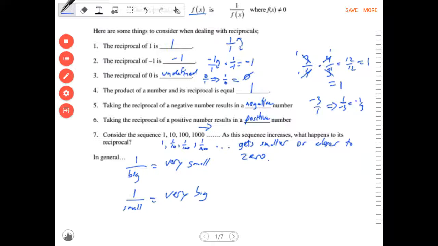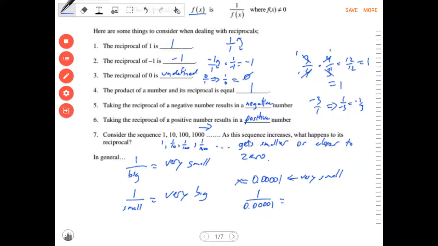Now, we didn't really do an example of the 1 divided by small, so let's say x is 0.00001. Let's just say. I think we can agree that this is very small. So if I go 1 divided by that, 0.00001, 4 zeros and a 1, I'll get my trusty calculator out. 1 divided by 0.00001, 4 zeros and a 1.